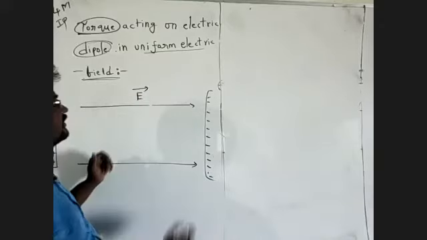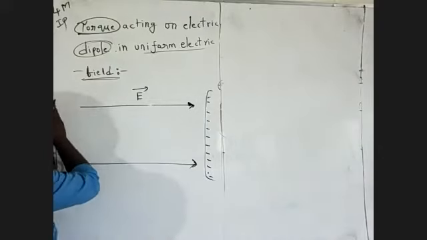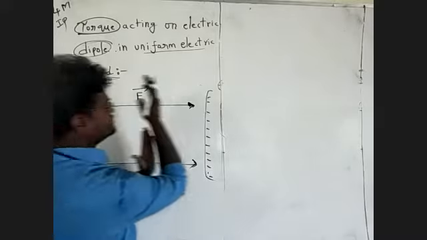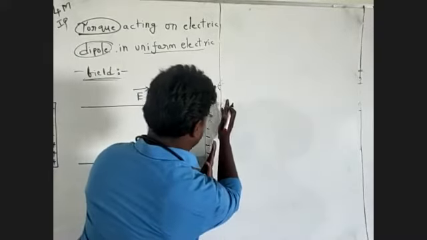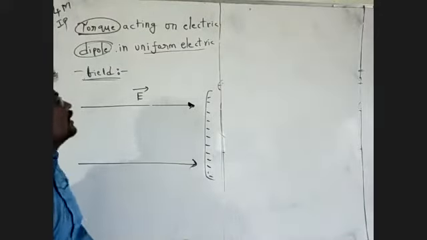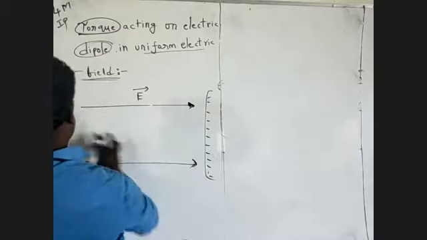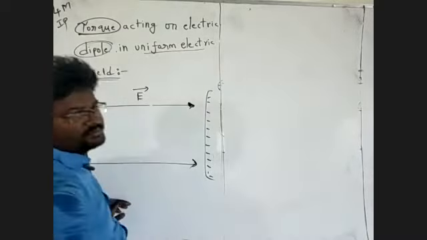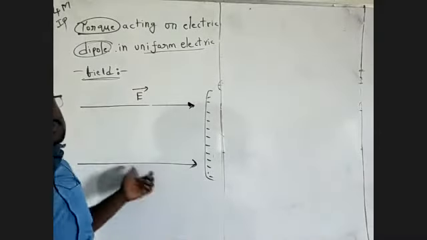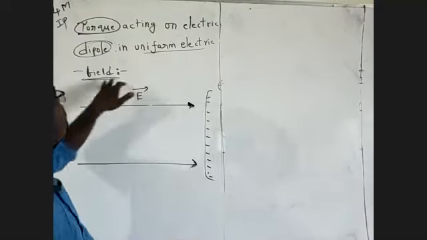All field lines start from the positive plate and end at the negative plate. The positive plate and negative plate provide a uniform electric field.